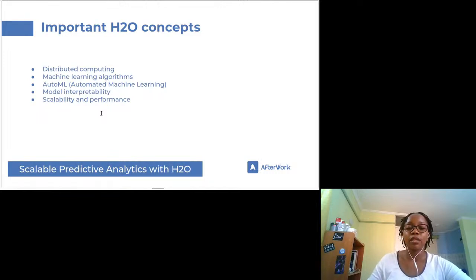H2O provides performance metrics for our models, so we are able to interpret how well our model is performing when exposed to real-life data sets. And then we have scalability and performance. H2O can be scaled into a distributed computing environment, thus improving its performance and saving on time, especially when working with very large data sets.